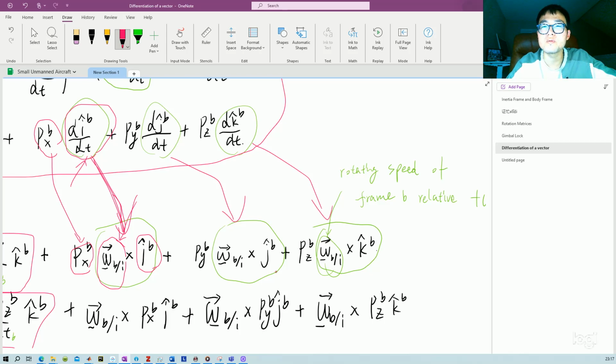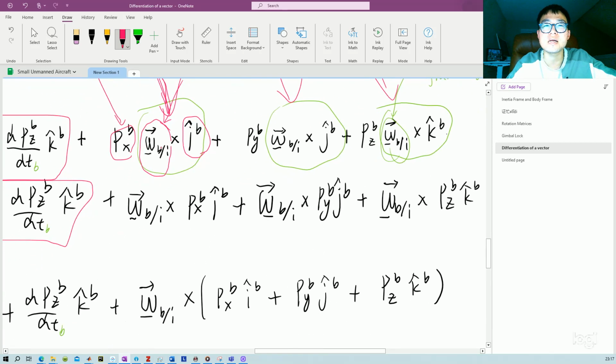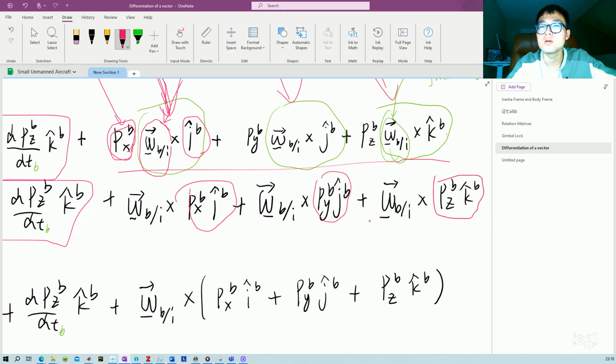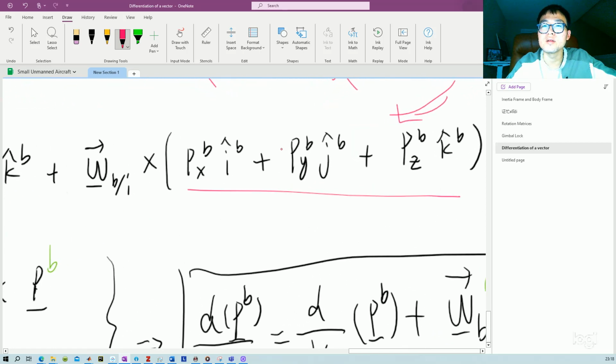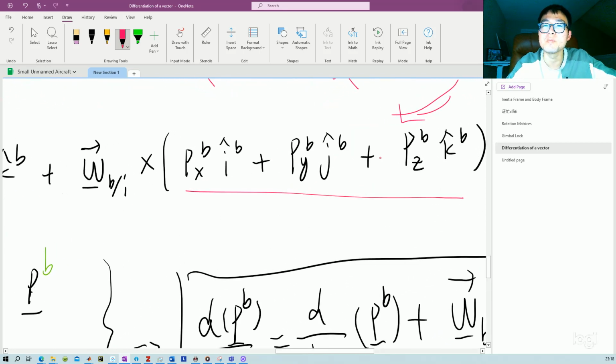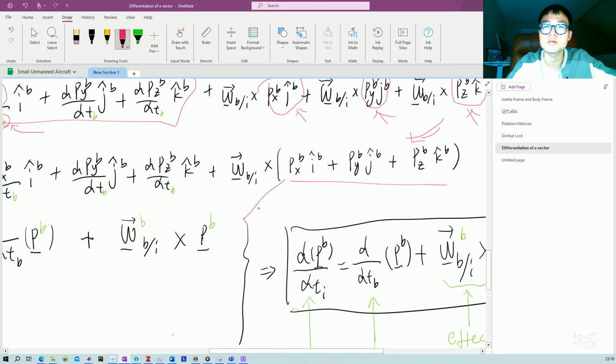So similarly with that, we can collect all the atoms because this is a scalar, so you can move it inside, and then by doing so you can see these three are just lumped together to be this part, which is the vector P in body frame itself. That's where you have this one.